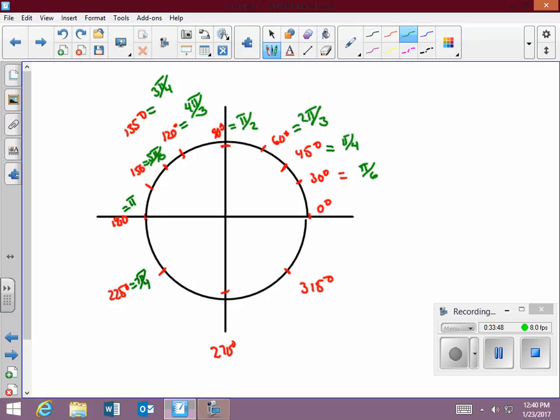I'm doing something wrong. Pi over 4, 2 pi over 4, 3 pi over 4, 4 pi over 4, 5 pi over 4, 6 pi over 4, 7 pi over 4, and then 8 pi over 4 is back on itself. Does it say 360? Yeah. 360 is 2 pi.